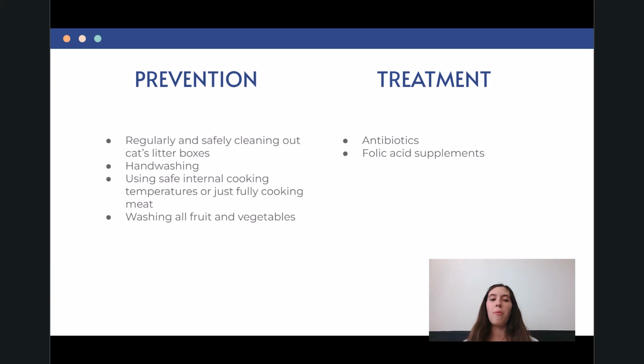For treatment, there's no vaccine available at the moment for toxoplasmosis, since most of the people contracting it are asymptomatic. However, for severe cases, there are antibiotics and folic acid supplements that can be prescribed by a physician.